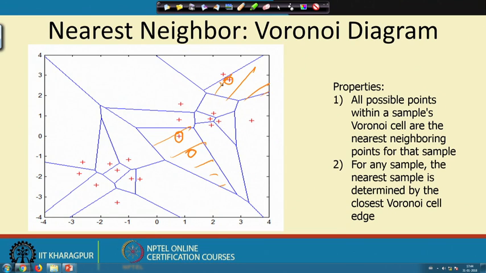You might wonder why the region of influence is not circular. It is because the shape of these cells depends on the shape of the distribution of the other points. So, here the Voronoi cells are closer, whereas here they are spread apart, because there are other points here which pull them.